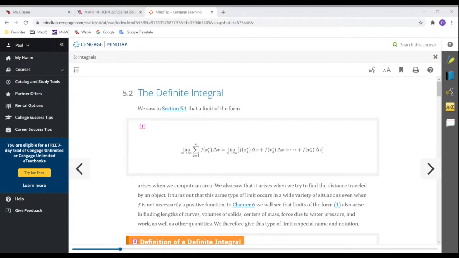And in section 5.1, you were introduced to the notion that one way to compute an area under a curve is to inscribe rectangles underneath the curve, and the heights of the rectangles are defined by either the left endpoint, the right endpoint, or the midpoint.